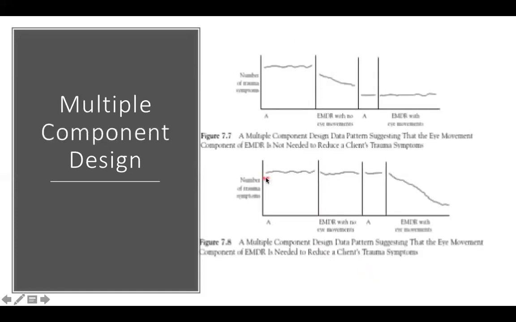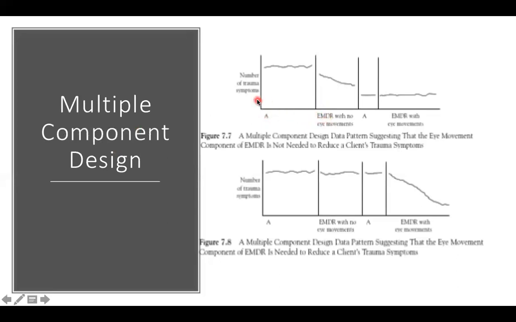And then the final one I want to talk about is the multiple component design. The multiple component is great because it helps us assess what component of an intervention is more effective than the other. For example, think of the EMDR, eye movement desensitization reprocessing. We want to know what component of the EMDR is more relevant than the other.